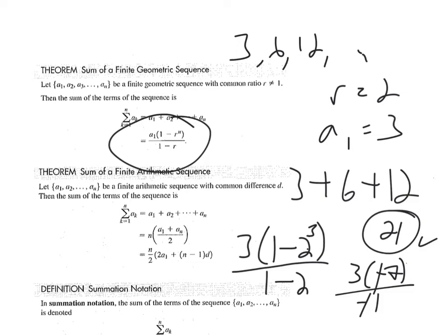You raise the common ratio to however many terms you're trying to add up, and not n minus 1. That's how you generate the sequence. Here we're trying to find the series over 1 minus r. Okay, so that's for a partial sum of a geometric sequence. And maybe before I do the next one, I should talk about an infinite sum.